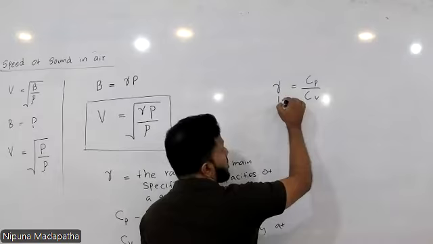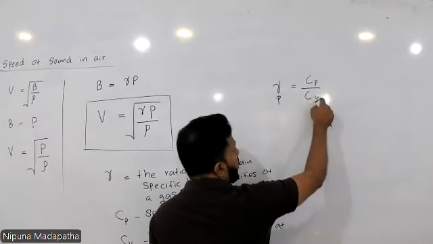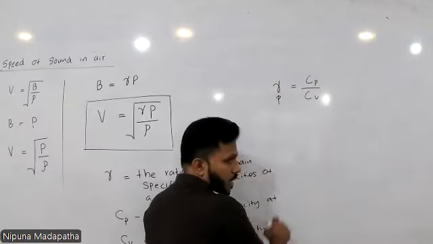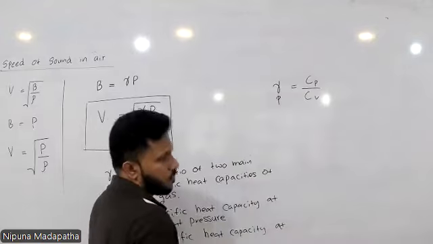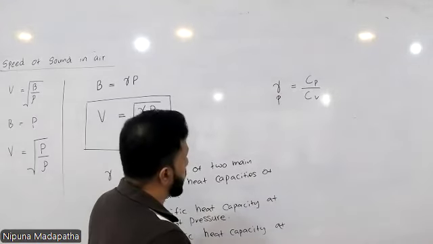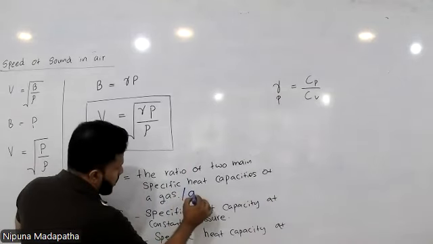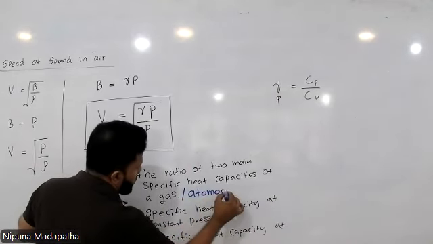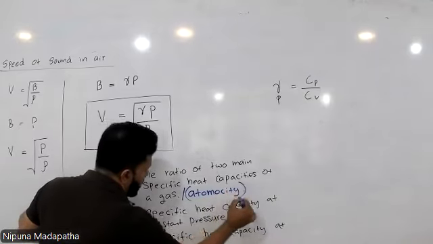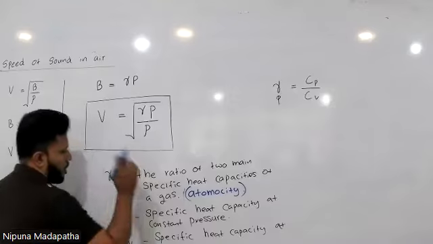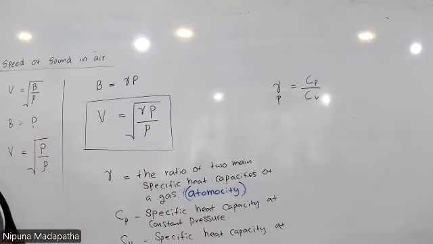So gamma has no units because these two quantities are specific heat capacities. They have the same units, so gamma is unitless. And gamma is also known as atomicity. I think in chemistry you will study this, in gas laws and processes like isothermal, adiabatic, isobaric.